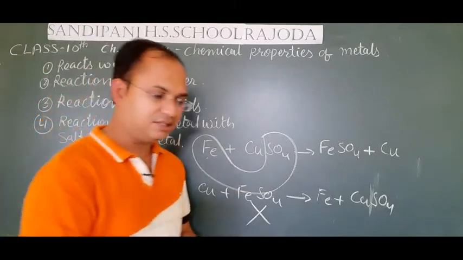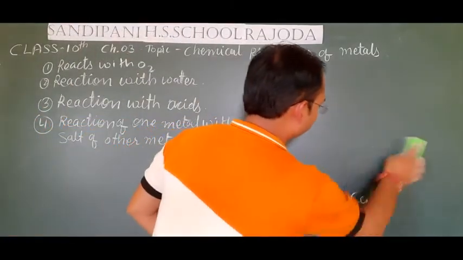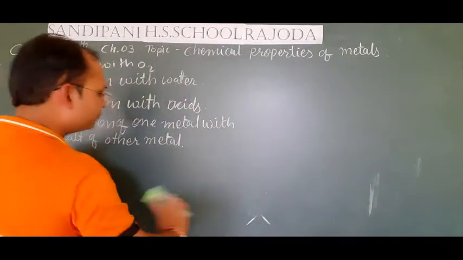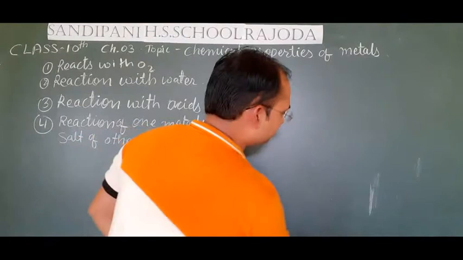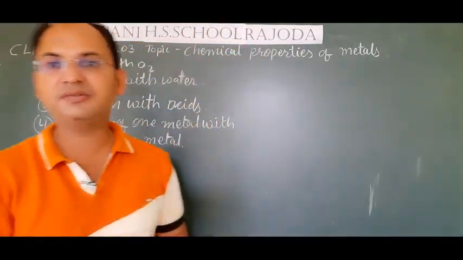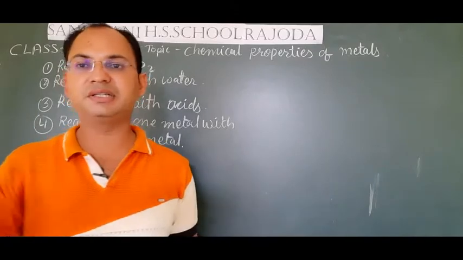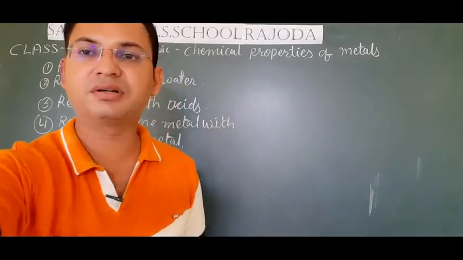So let's see the reactivity series. The reactivity series is nothing but a list of the metals arranged in the manner of their increasing order of reactivity.